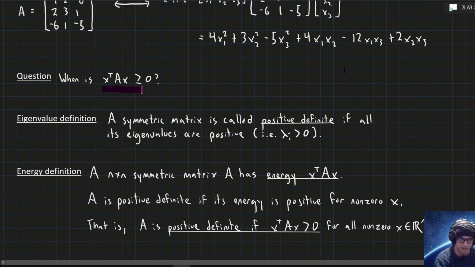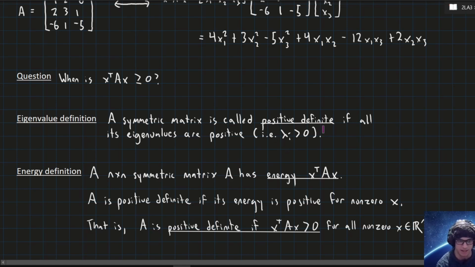Okay, so the condition that gives us positivity is going to be called positive definite. So a symmetric matrix is called positive definite if all its eigenvalues are positive.